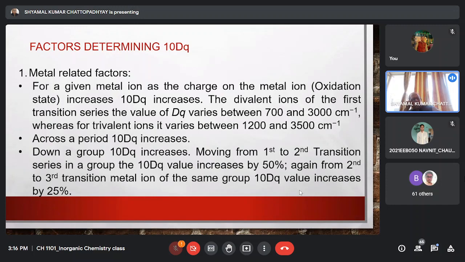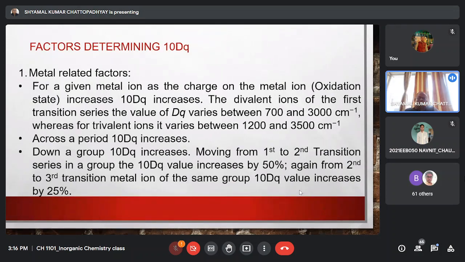That is because of the effect of the increased effective nuclear charge. So from second to third, the increase of radius of the d orbital is much less compared to that from first to second, because of the lanthanide contraction between the second and third transition series.